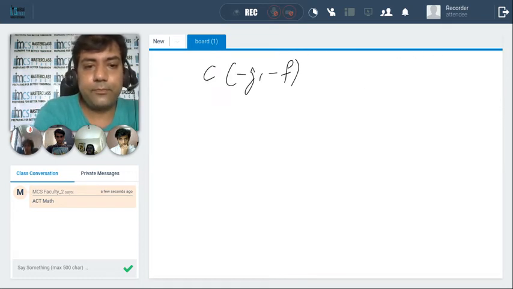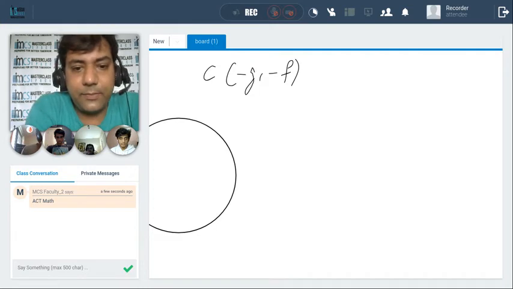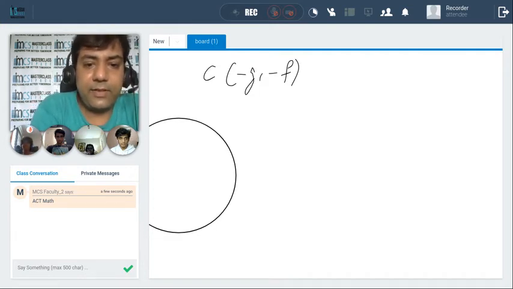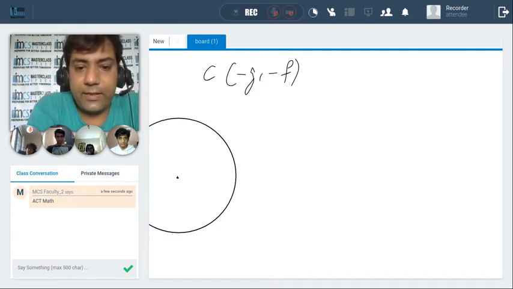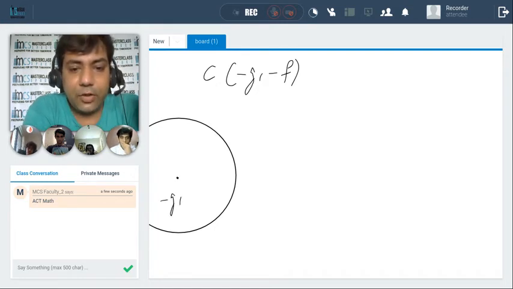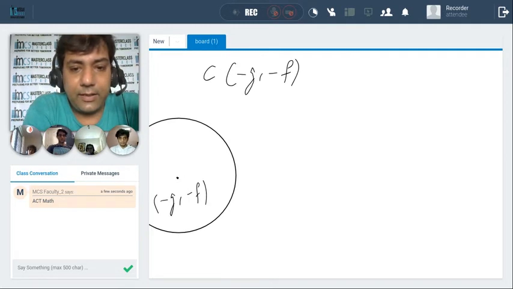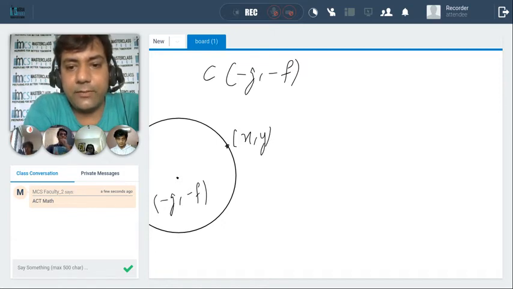Understand that. It's very easy, very quick. Understand each and every concept. My dear friend, you have a center, which in this case we give as minus g comma minus f. If this is the center and a point I am taking is x comma y, then what is going to be the standard equation of a circle?